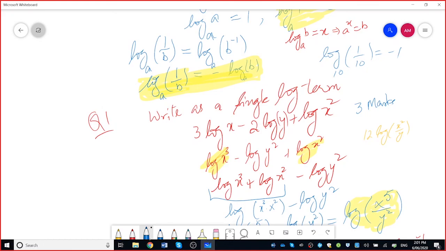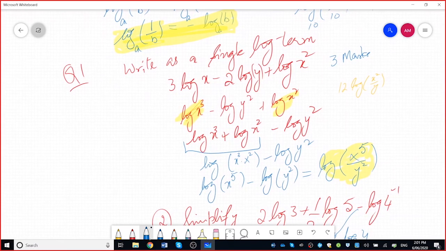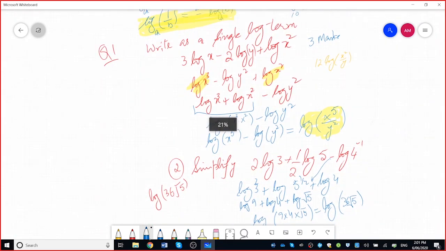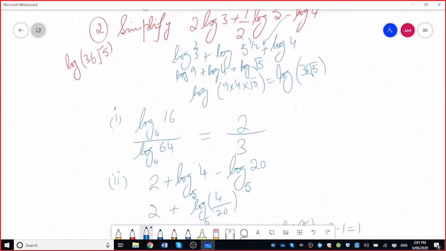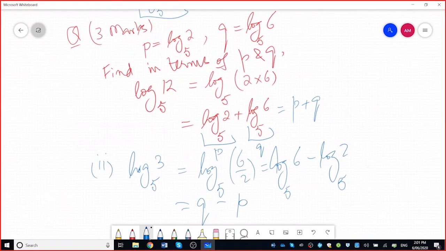So it is minus 1. Good. Then we did a few questions where we tried to use these formulas of the logarithm. We did some questions from previous ATAR exams. So I won't go into the details because we have been able to do it.